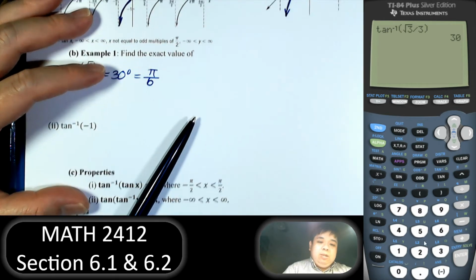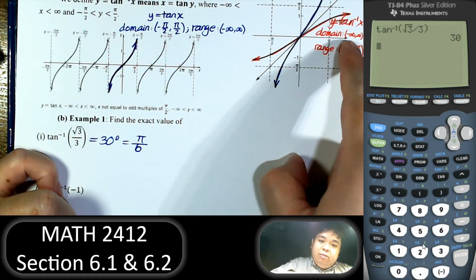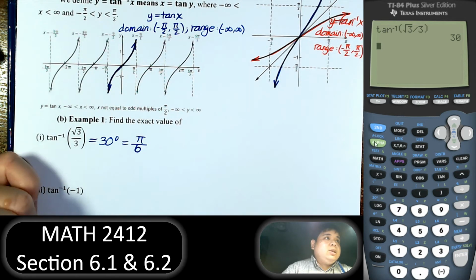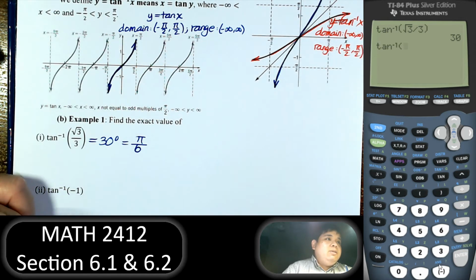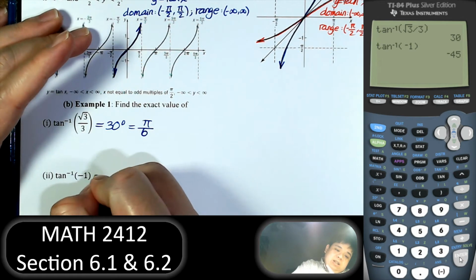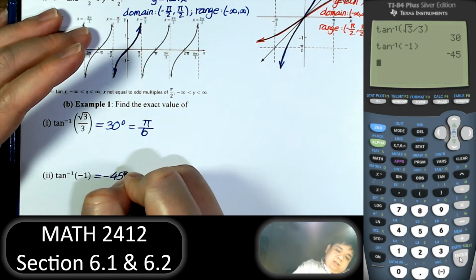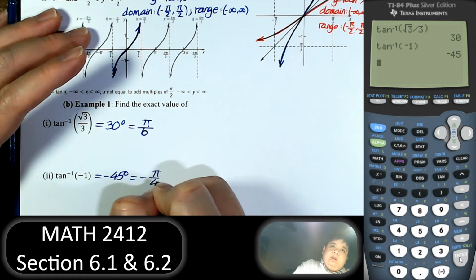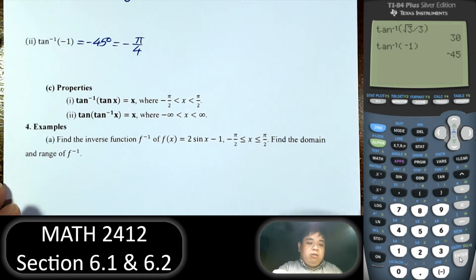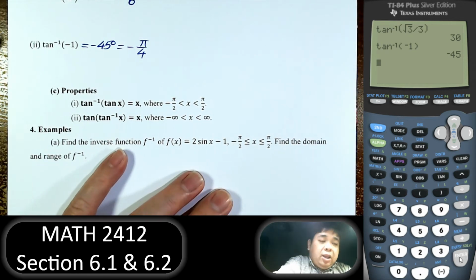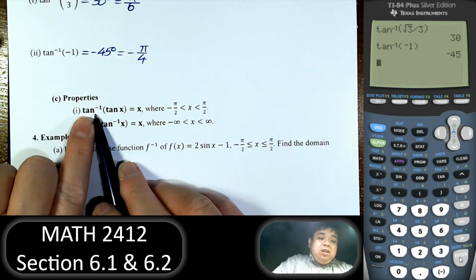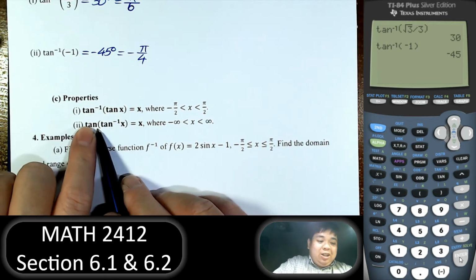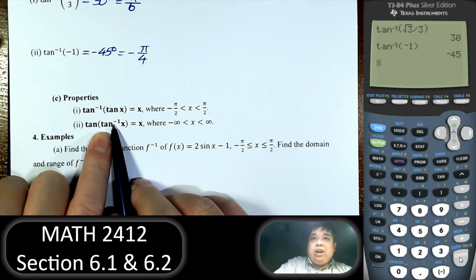Well, tangent inverse of negative 1, negative 45 degrees, negative pi over 4 radian. Right, simple enough. And just like what we have earlier, the tangent will cancel the tangent inverse whenever it is defined.